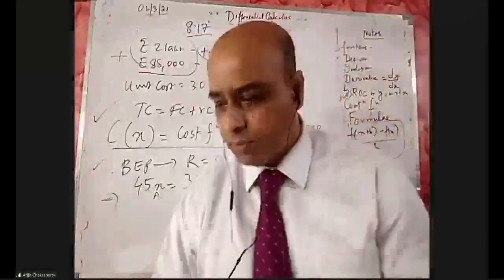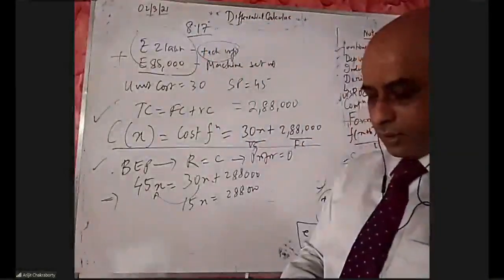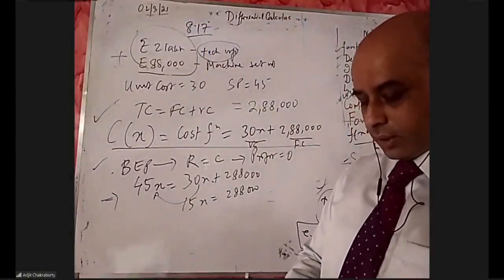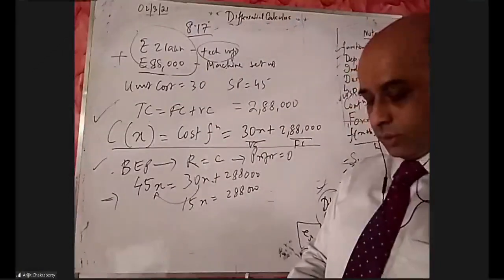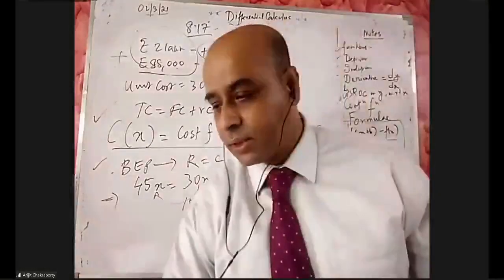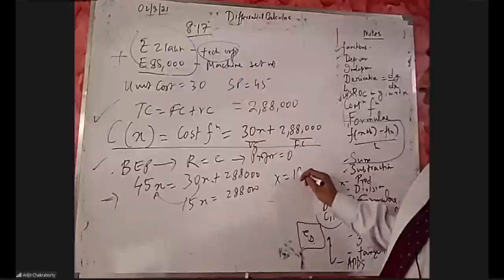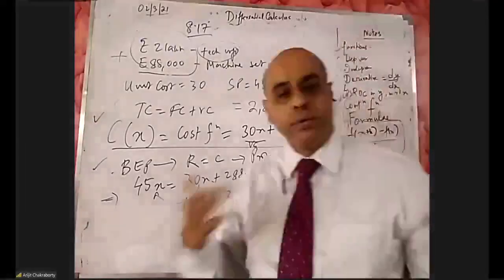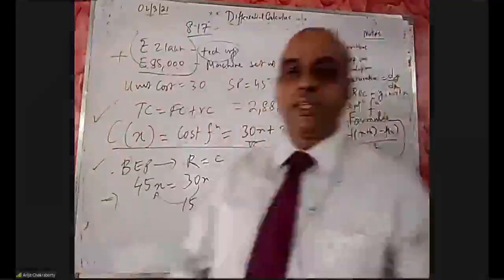Let me calculate how much is X. 2,88,000 divided by 15, I am getting 19,200. So X is equal to 19,200. That means at 19,200 units, the company will reach break-even point.